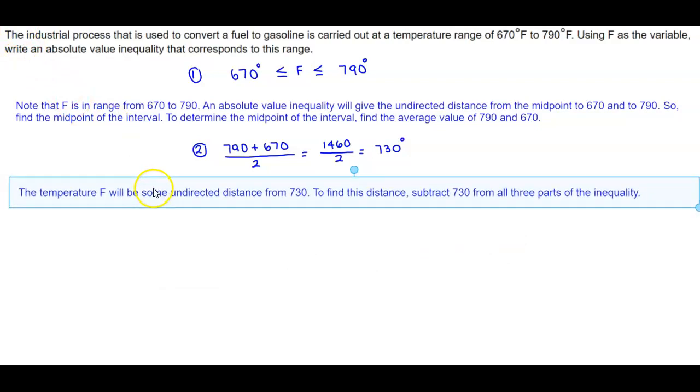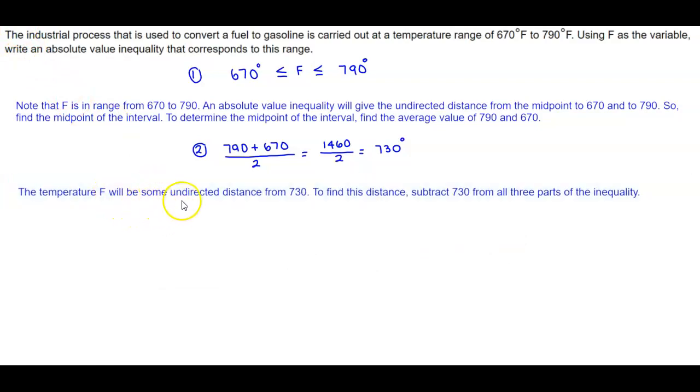Now the next step is the temperature F will be some undirected distance from 730. To find this distance, we need to subtract 730 from all three parts of the inequality. So we're going to take 670 minus 730, which is less than or equal to F minus 730, which is less than or equal to 790 minus 730.